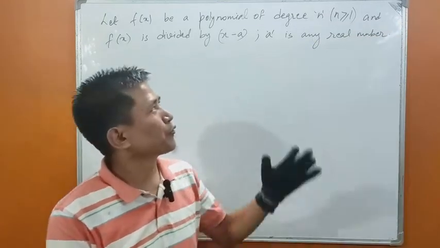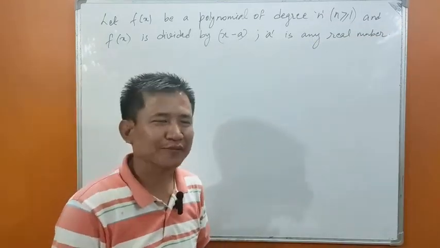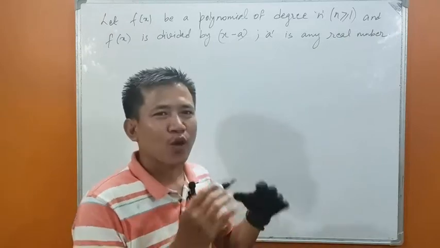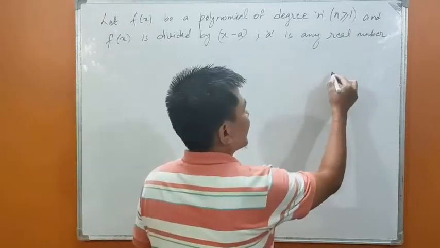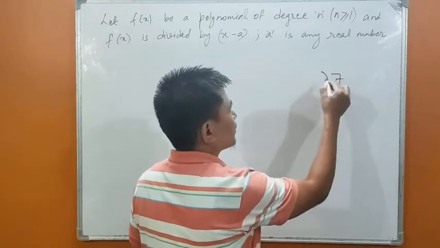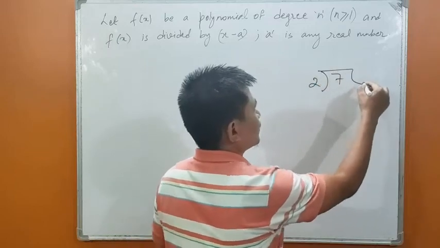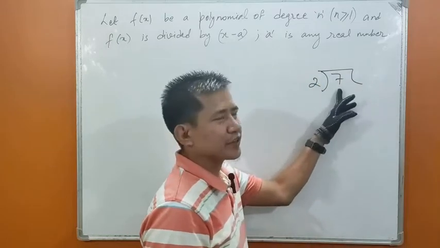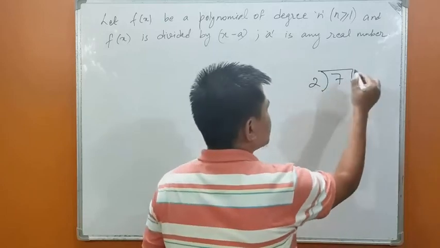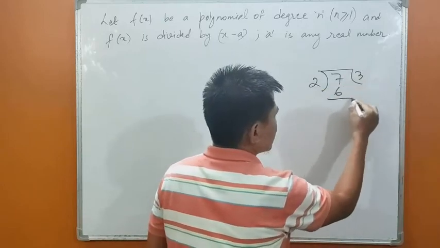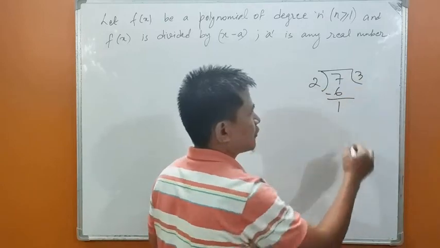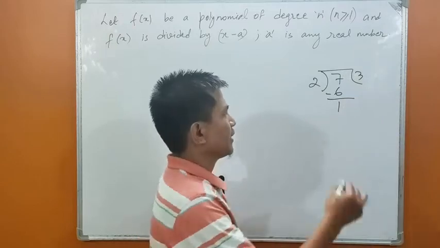Before proceeding to prove this theorem, let us see how we divide. Suppose we divide the number 7 by number 2. 2 3s are 6. 7 minus 6 is 1. We usually write in this way, isn't it?